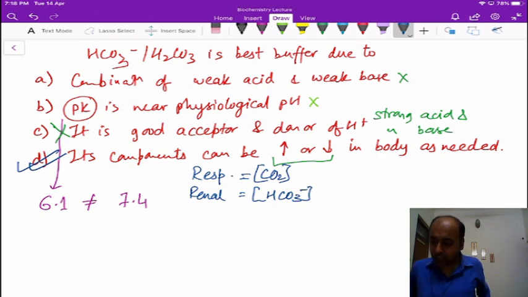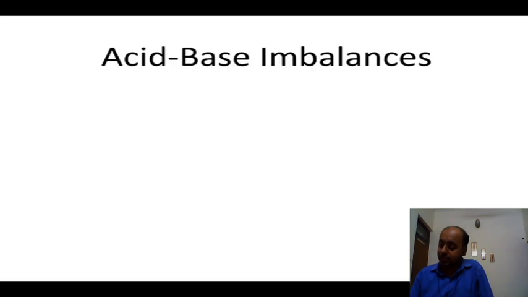Okay, let's go back and move on to the acid base imbalance. This was the background of the pH and the acid base homeostasis in the body, and here we'll move on to the acid base imbalance which may be seen in the body. Before you go to the acid base imbalance, few points which you should know and understand. Acid base imbalance is a very important clinical aspect which you must know.